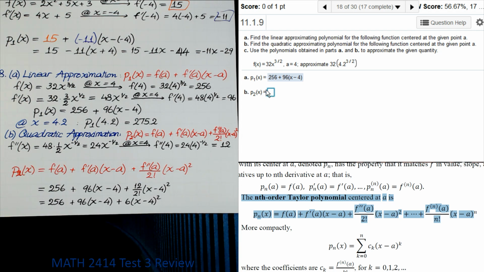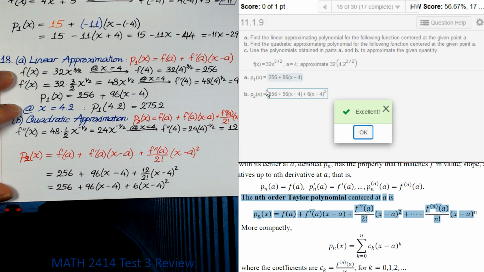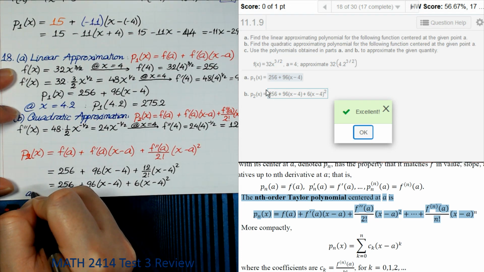And then later on we put 4.2 into it. Right, so 256 plus 96 x minus 4 plus 6 x minus 4 squared. And then evaluate at x equal to 4.2.